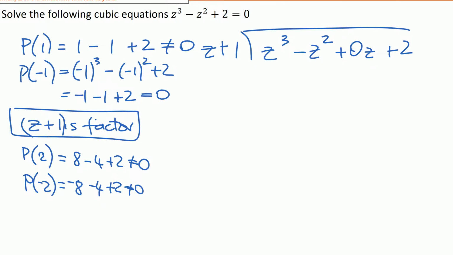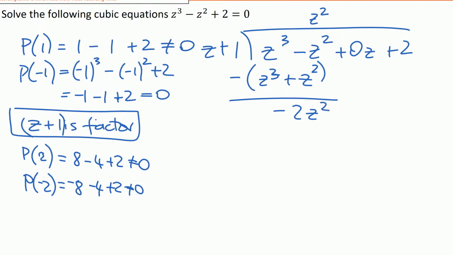So Z into Z cubed goes Z squared. Z squared times Z plus 1 is Z cubed plus Z squared. Subtract all of that, so negative 2Z squared.